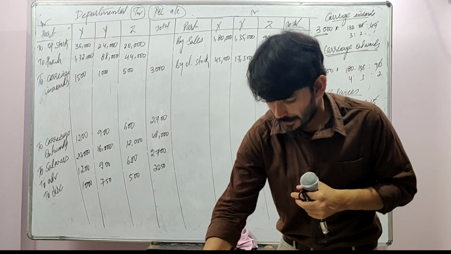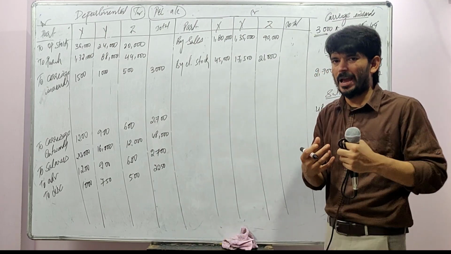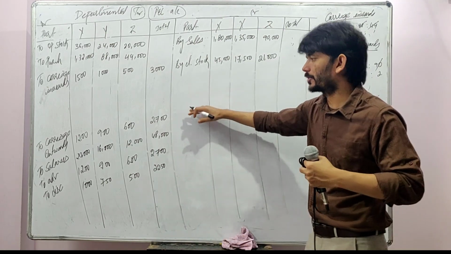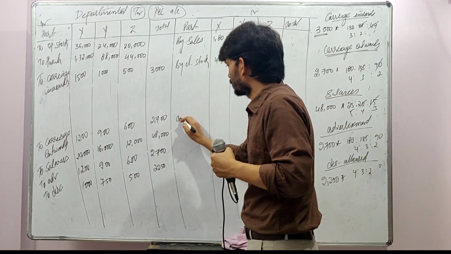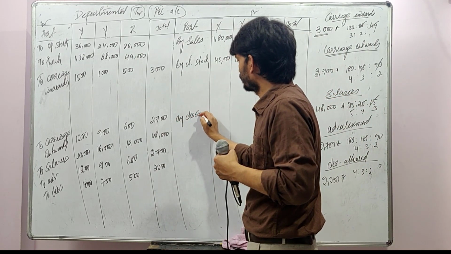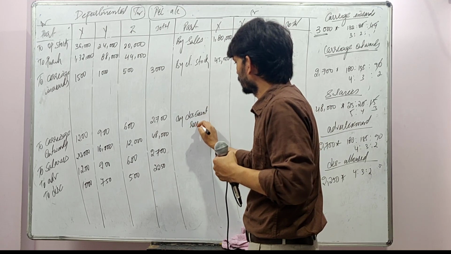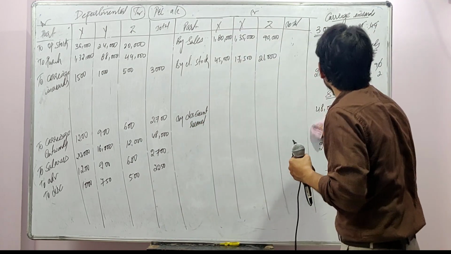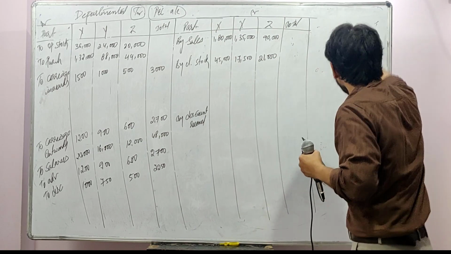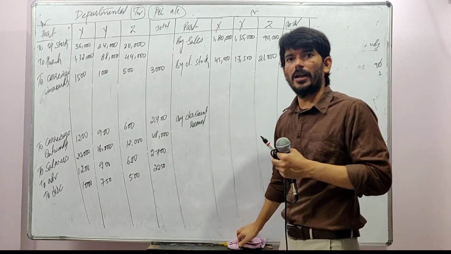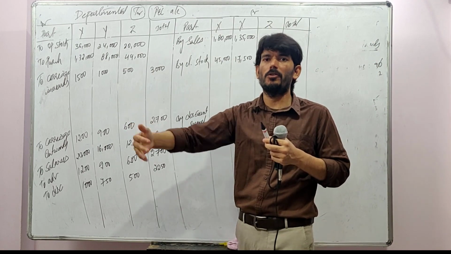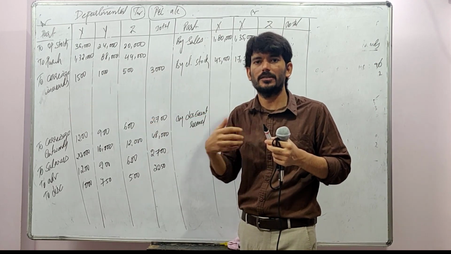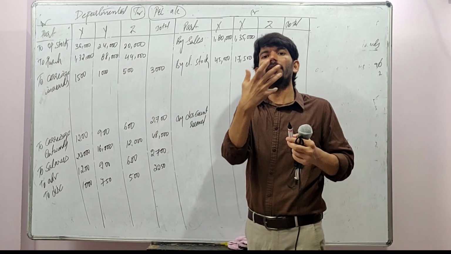And then discount received. I am the company, I am receiving the discount. It's my income, so it should be coming on the income side. By discount received. What should be the basis for this discount received? In the same way that when you are selling more you will give more discount, when you are purchasing more, you will be getting more discount.